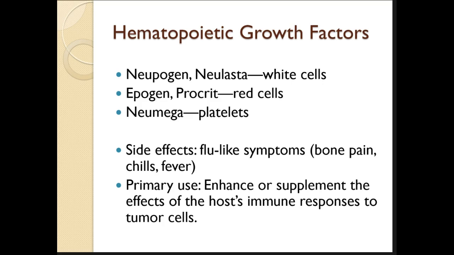For your red cell counts, Epogen or Procrit, erythropoietin or epoetin alfa, is used. And again, the interleukin 11 platelet growth factor, Neumega, can be used for your platelets and during thrombocytopenia.